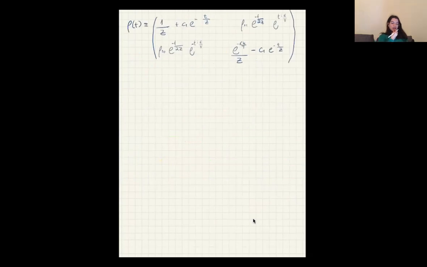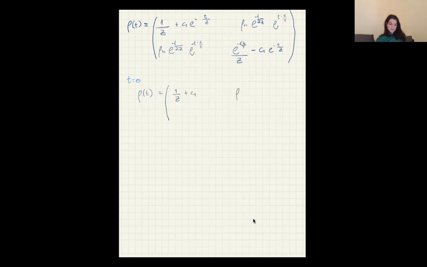Okay. What we still have to fix? We still have to fix this C1. And for this, we'll look at what happens at time equals 0. So there we have rho of t is 1 over z plus C1.